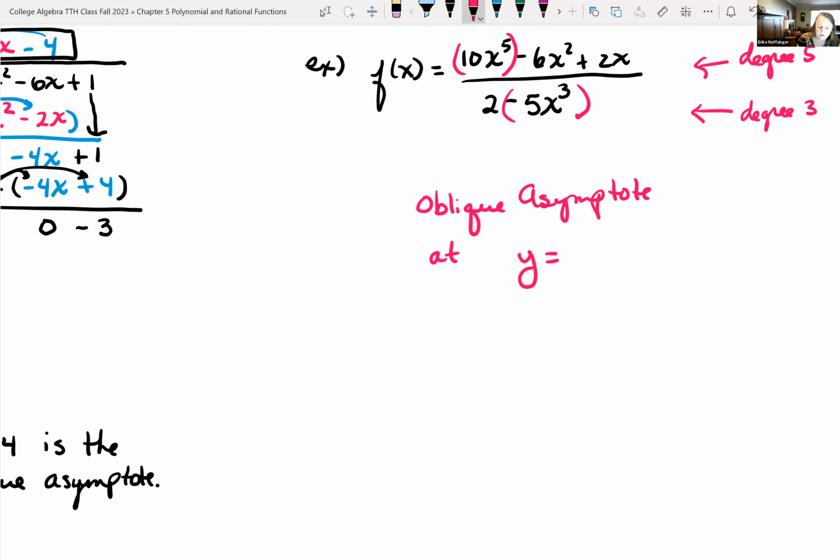At y equals 10x to the 5th all over negative 5x cubed. Well, we can reduce this. Negative 5 goes into 10 negative 2 times. And then let's use our rules of exponents.